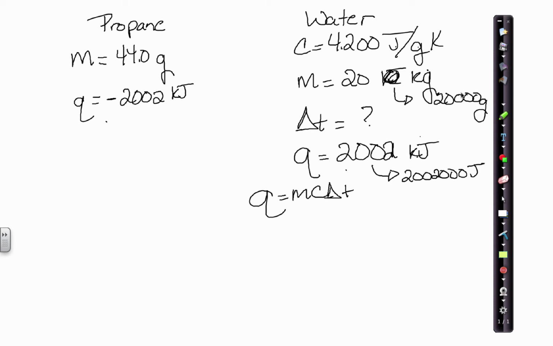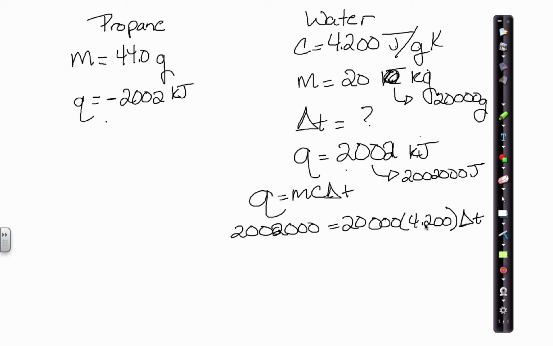All right, so now that matches, okay. So now I'm just going to plug everything into this formula to solve. Okay, so Q is equal to this. I have 20,000 grams. My specific heat is 4.2, and delta T is unknown.